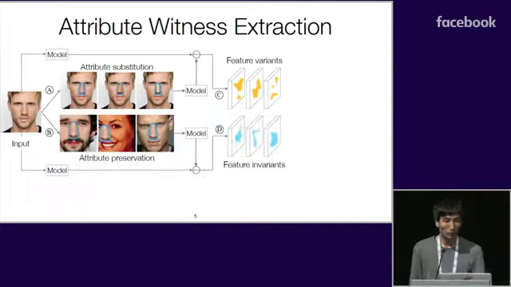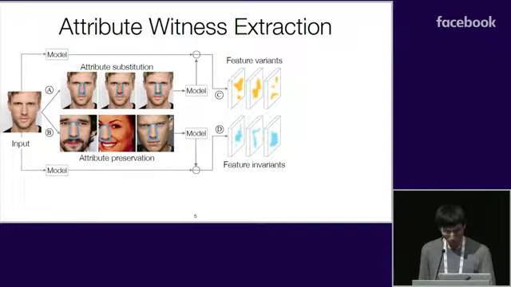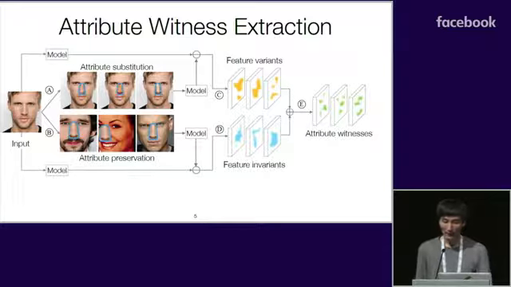For the backward reasoning, we can replace the base attribute onto other images in the dataset and observe the difference between these two inputs in the model and extract the feature invariance. And then we can intersect these two sets of features and extract the attribute weaknesses.